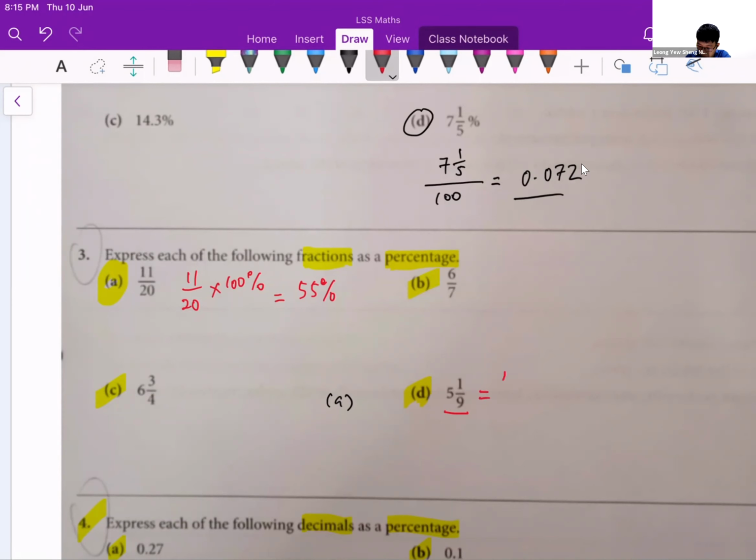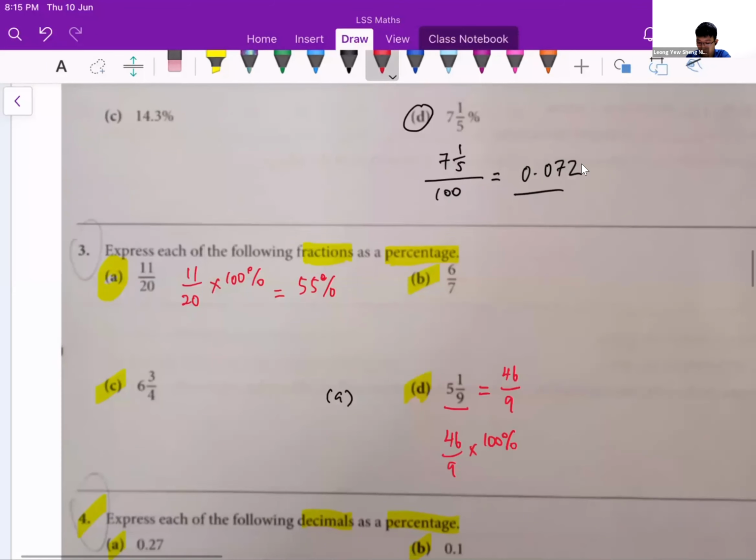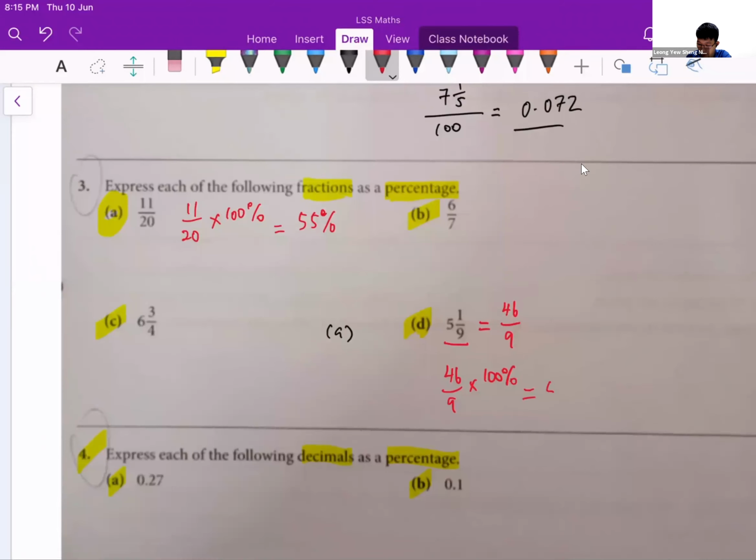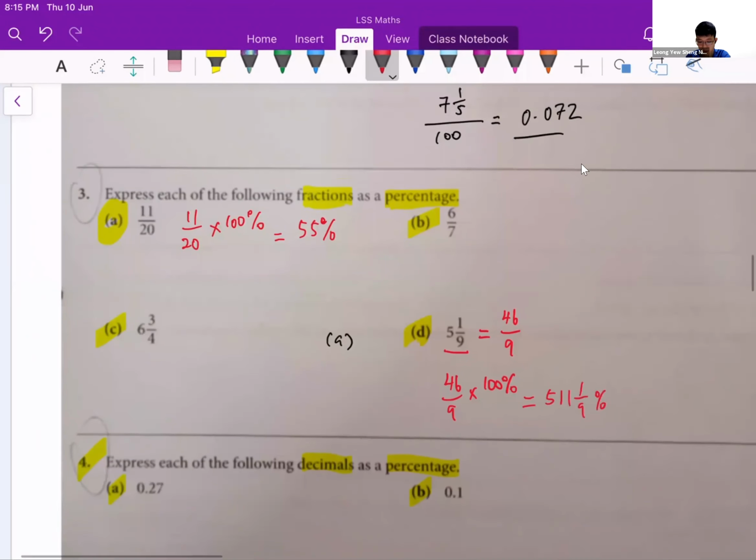So you'll get 46 over 9. Once you get 46 over 9 as an improper fraction, in order to convert it to percentage, take 46 over 9 times 100%. Once you calculate it, it should give you 511 and 1 over 9%.